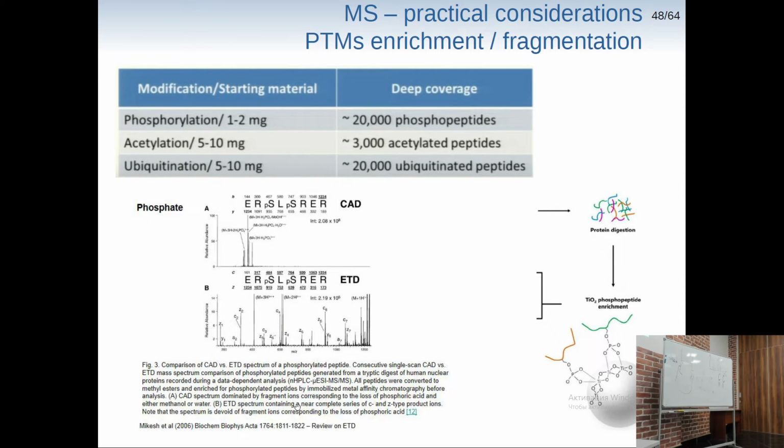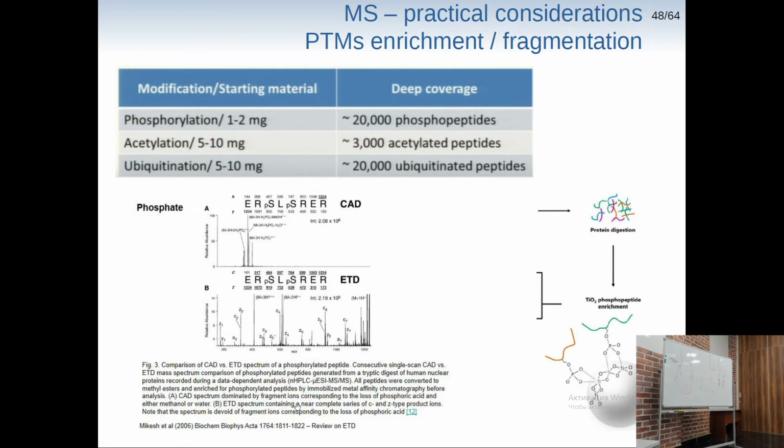But we can use different additional ways of giving additional energy to our analyte, either with, let's say, light from a laser. We can use so-called electron transfer dissociation. We can add a free electron to our sample, and it will also get into a higher energy state, and it will also dissociate.